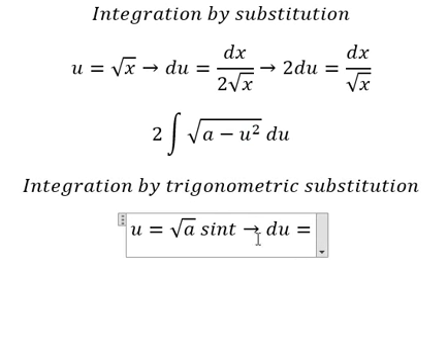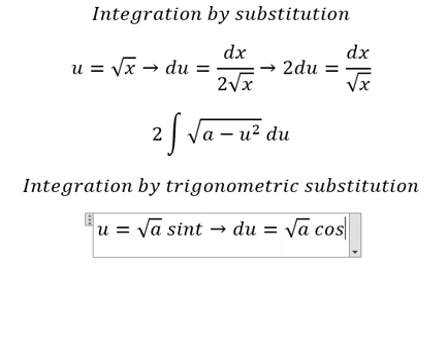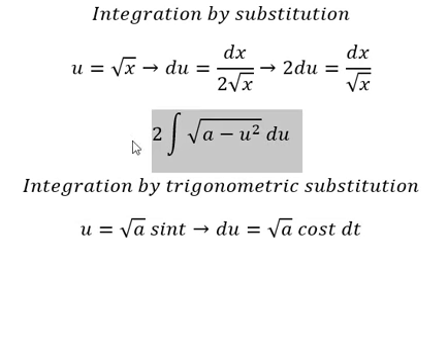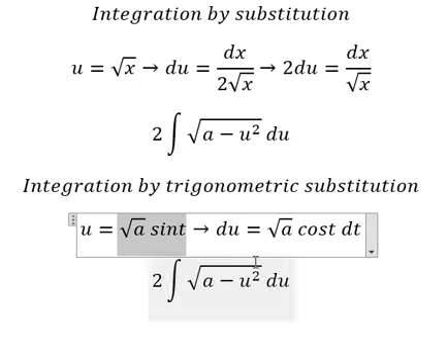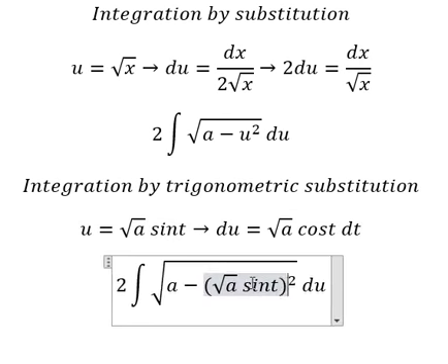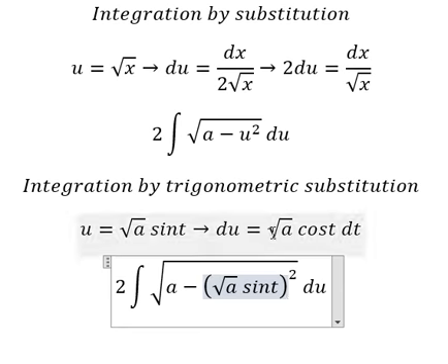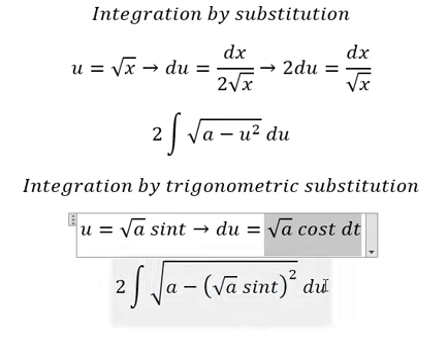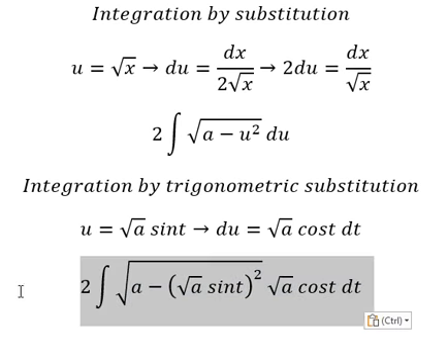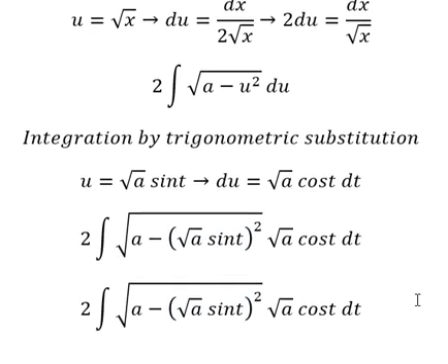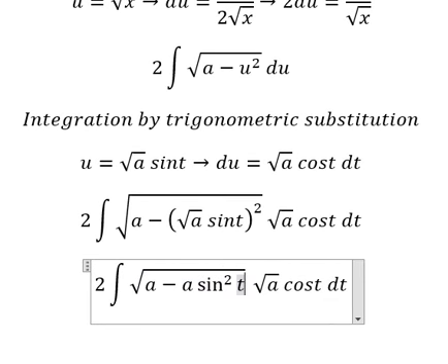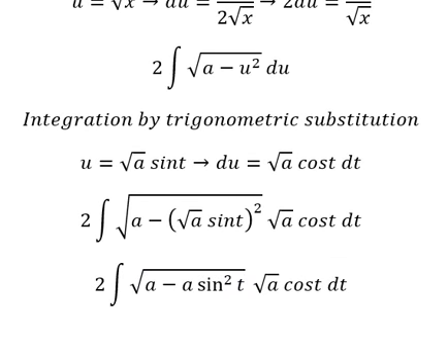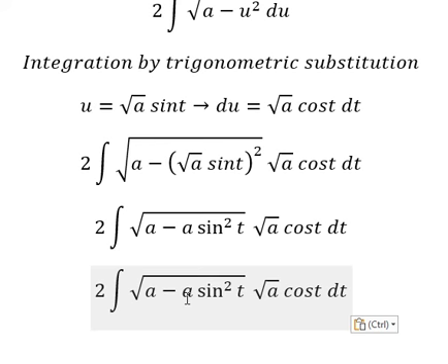Du, we have the square root of a cosine t dt. So I will put this one go in here. Du, we change by this one. So we have a sine t square, a and a.